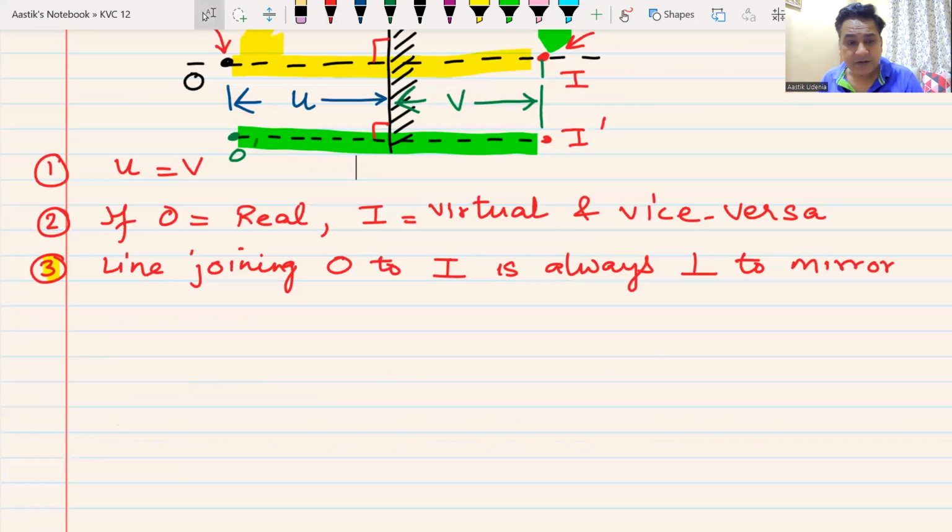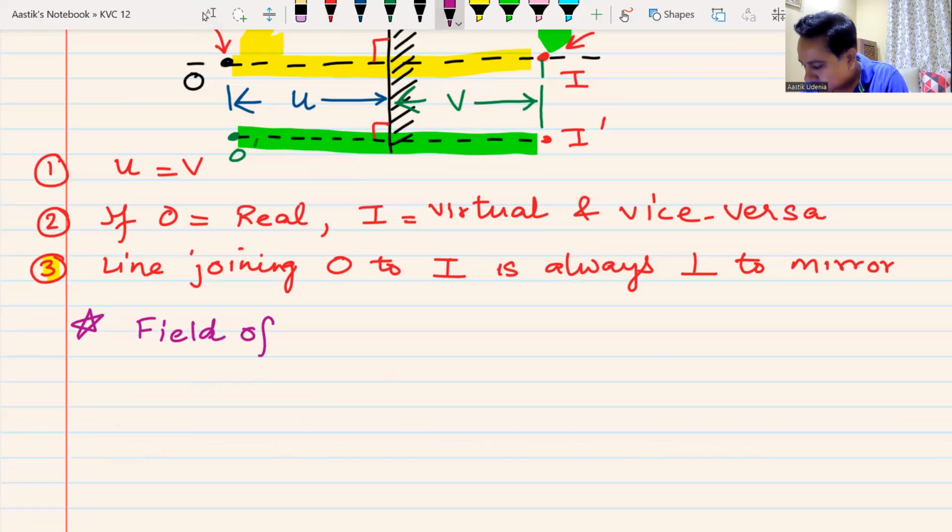We will be able to see the image in the field of view.